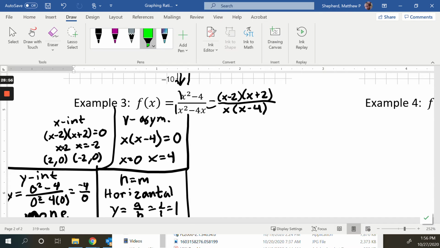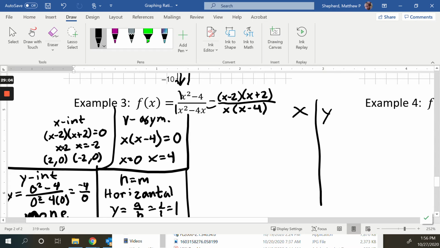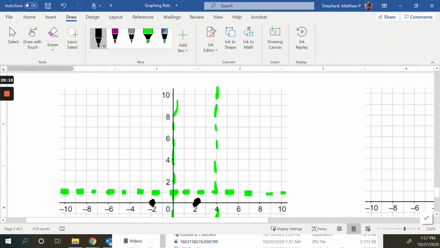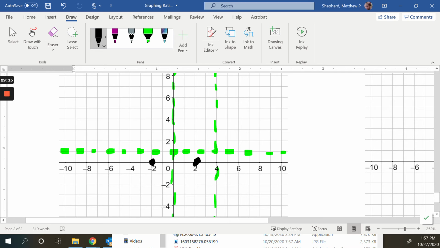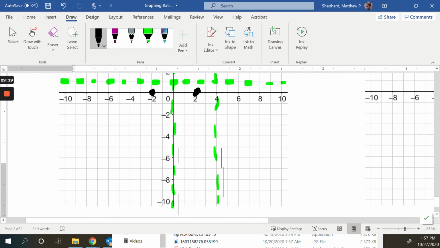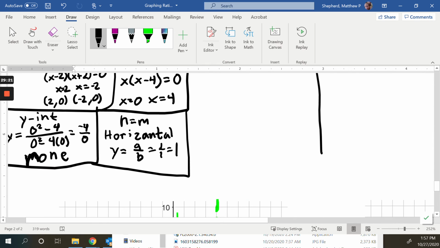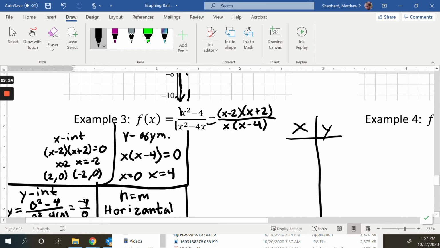So let's just get a few more points for graphing. So once again, these would just be numbers that you pick. We want 3 in each section. The sections are determined by those vertical asymptotes. So we got over here on the left, we got here in the middle, and over here on the right. And we only have 2 dots. So let's go ahead and get some more.